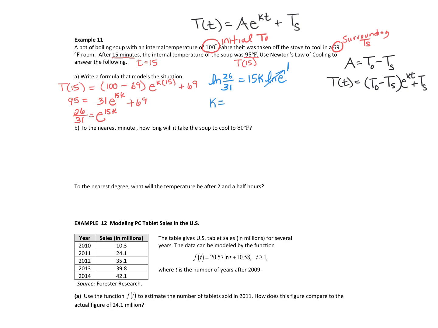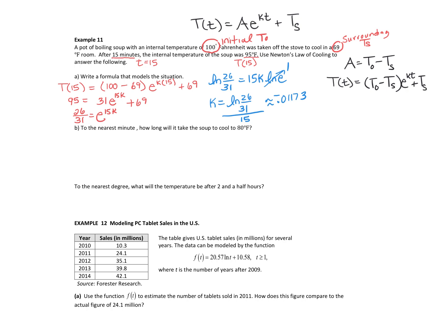So k is the natural log of 26 over 31 divided by 15, which is approximately negative 0.01173.